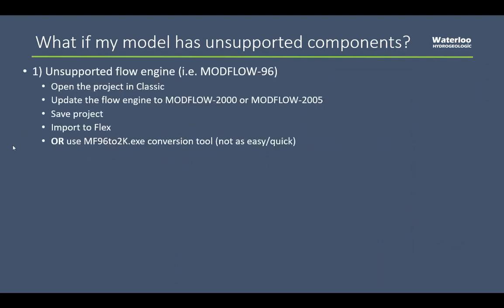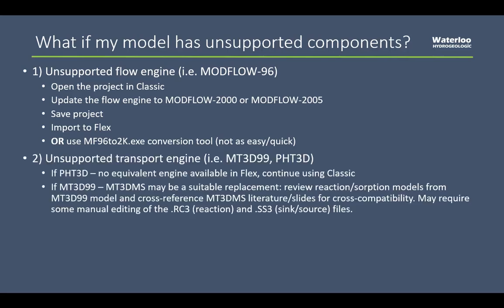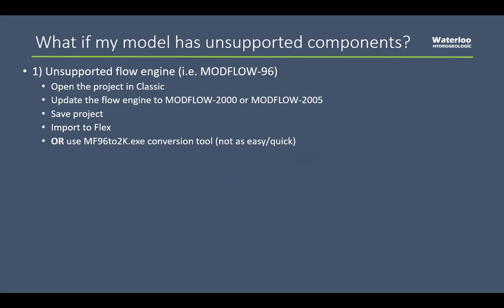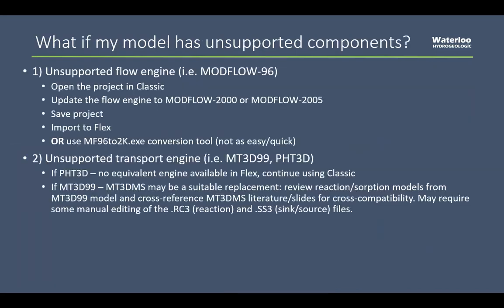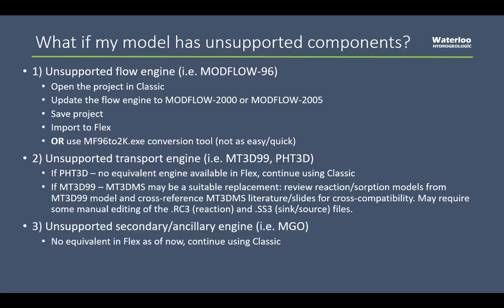Now, if the model that you're importing is all supported, with no unsupported packages or flow engines or transport engines, then in that case you would simply click File and import the project, and everything should be imported without any other issues. However, if the model is based on an unsupported flow engine, for example MODFLOW 96, or if it's got an unsupported transport engine or potentially an unsupported package, what do you do then?